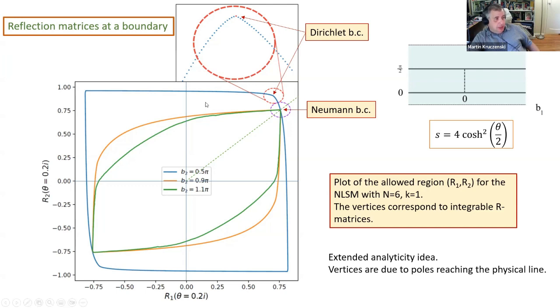And when you do that, the space is reduced and you get this region, for example, the orange. And now we see a vertex that corresponds to the Neumann boundary conditions, because there is no pole in that case in this extra analytic region of the second sheet of the S matrix.